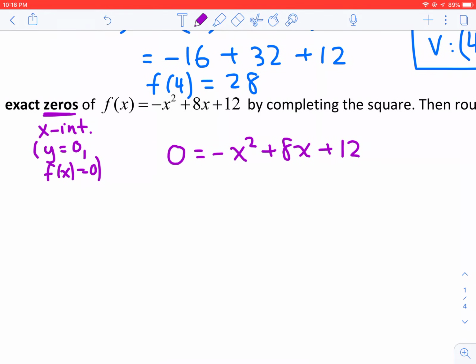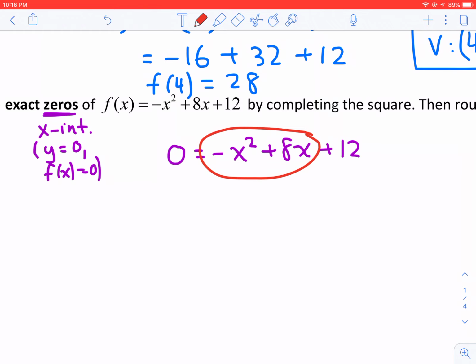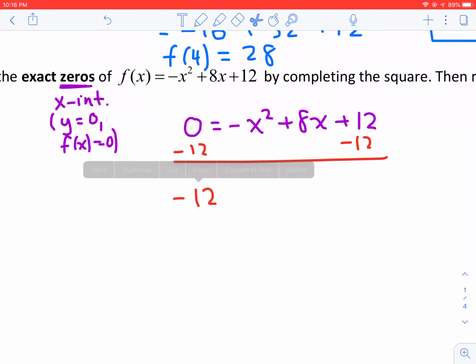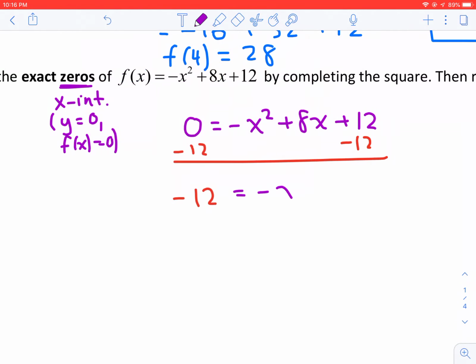All right, we are completing the square again. So I want to isolate the x terms, so I'm going to move the 12 over. Negative 12, minus 12 on both sides. And I get negative 12 equals negative x squared plus 8x.